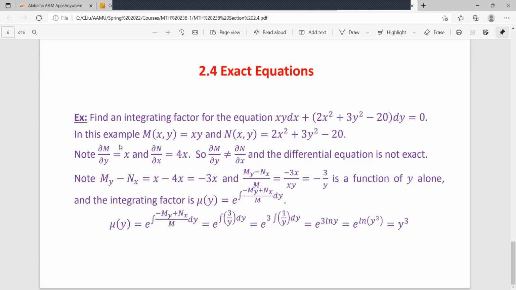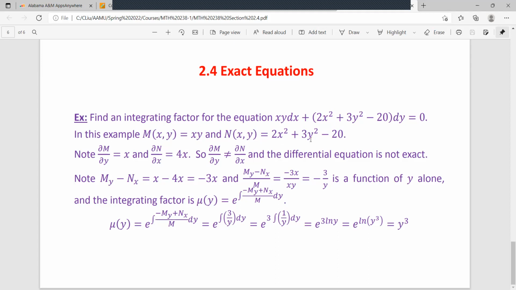What you do is take the partial of M with respect to y. So for xy, take the derivative with respect to y, you treat x as a constant. So you just get x times 1, which is just x. And then you take the partial of N with respect to x, and you treat y as a constant.